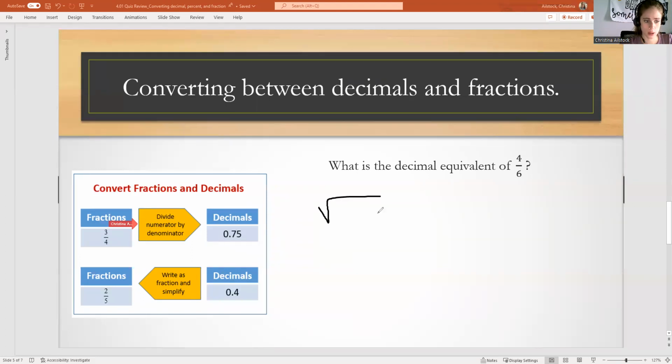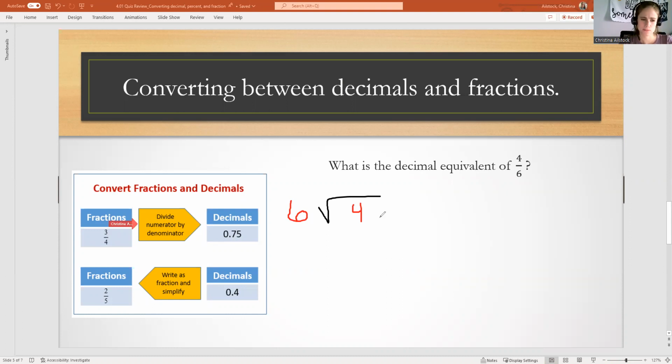So 4, which is our numerator, is being divided by 6. It will always be set up this way, where your numerator is on the inside and your denominator is on the outside. Now that we've done this, we can start our division process.